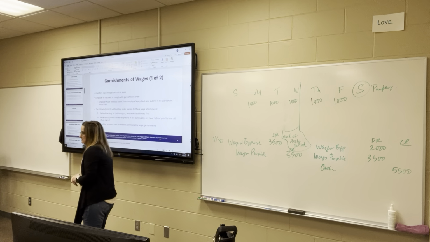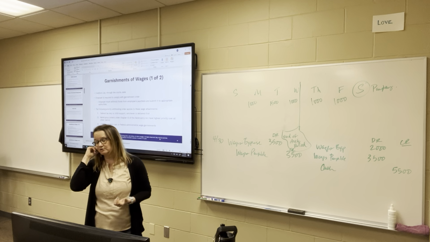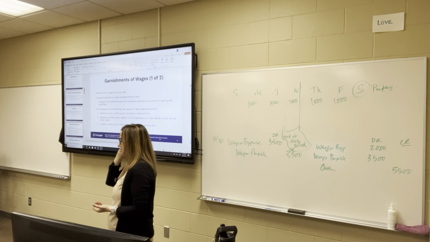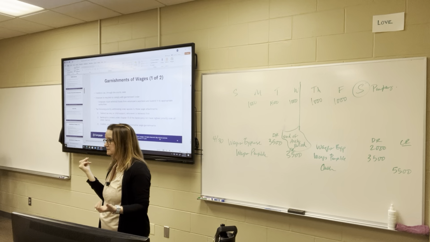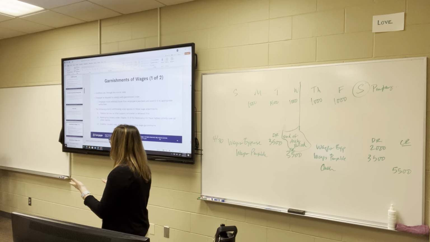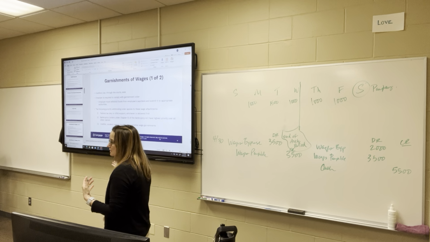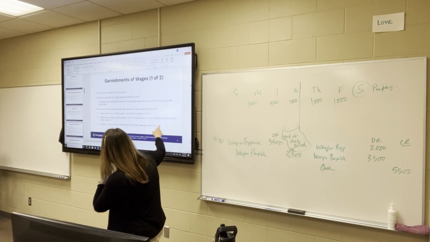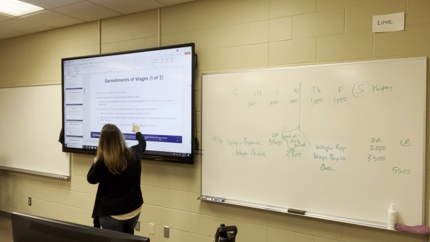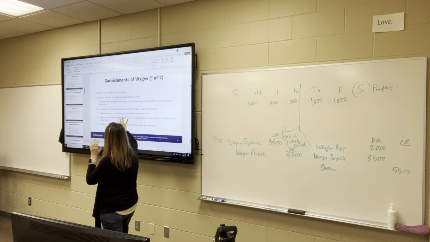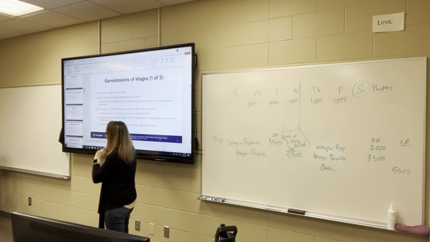Bankruptcy would be next. If you have filed for bankruptcy, you might still have creditors that you owe money to. I don't know the details of the different types of bankruptcy, like Chapter 13.